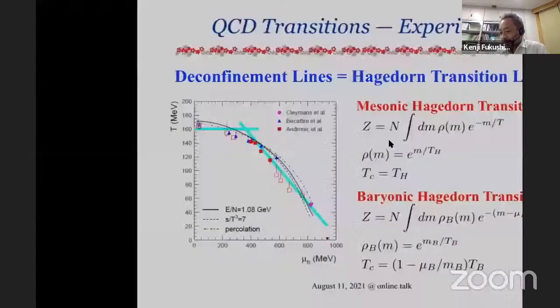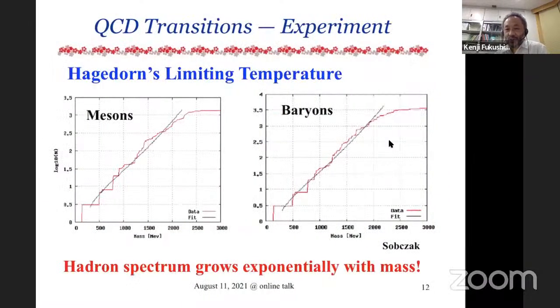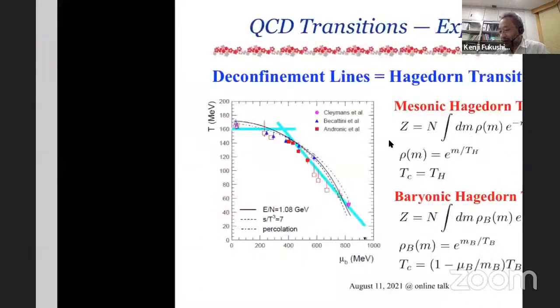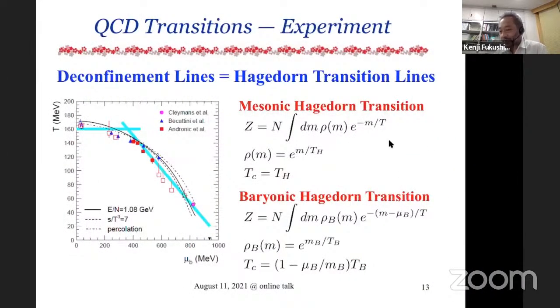Okay, you see from this mesonic spectrum, baryonic spectrum, you can read out the mesonic Hagedorn temperature and the baryonic Hagedorn temperature. And at zero density, the mesons are the dominant degrees of freedom, from which you can find that the transition temperature should be close to this mesonic Hagedorn temperature, while at finite density, the baryon is a more dominant component, and then from the same argument with some modified Boltzmann suppression factor, including the chemical potential dependence, you can also conclude a similar expression of the transition temperature, including chemical potential dependence.